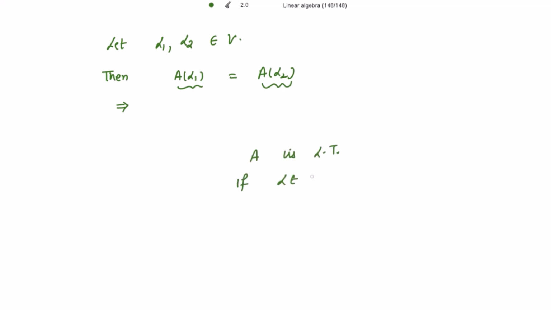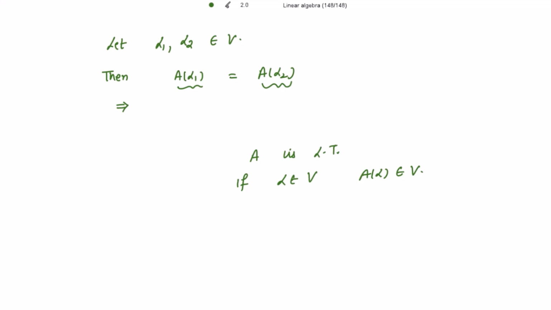So let alpha 1, alpha 2 belong to V. Then A alpha 1 is equal to A alpha 2 implies I can also take one more linear transformation on these two, because A is a linear transformation. If any alpha belongs to the vector space, then A alpha also belongs to that vector space.